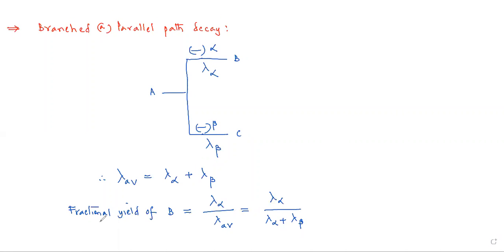Similarly, the fractional yield of C can be given as lambda beta by lambda average. Nothing but lambda beta by lambda alpha plus lambda beta. Okay. It's by total.